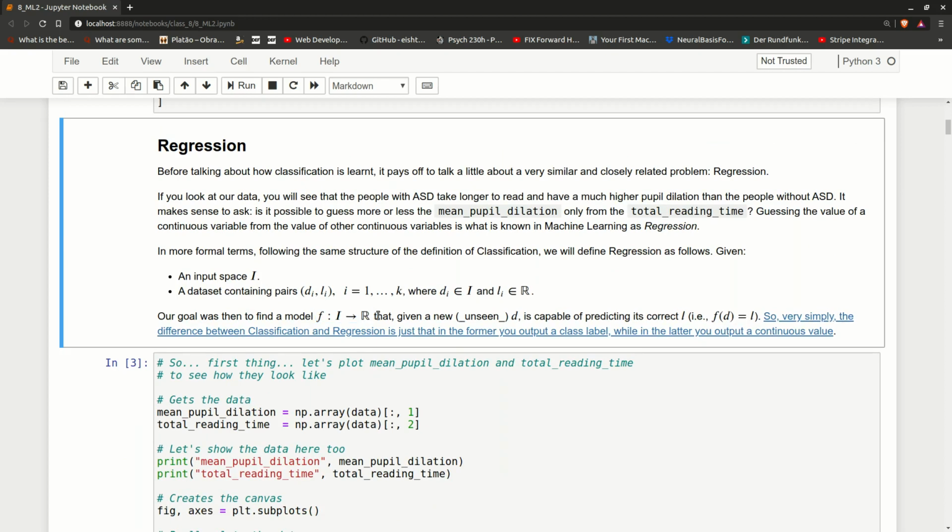This is the only difference. We don't have that part with a set of classes. We only want our function to receive a new element and output a number. So it receives some numbers and outputs another number. That's all. That's the only difference between regression and classification.